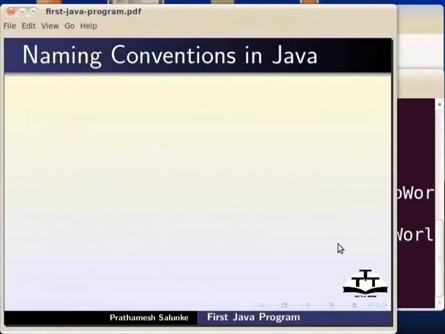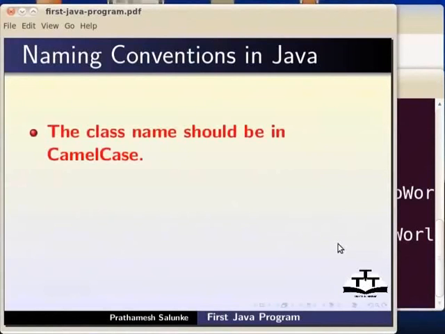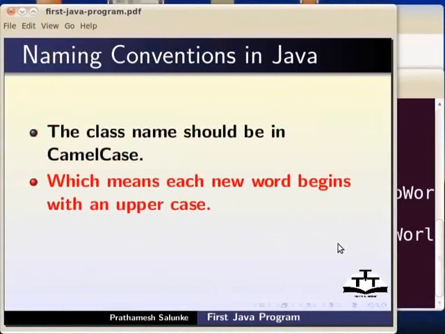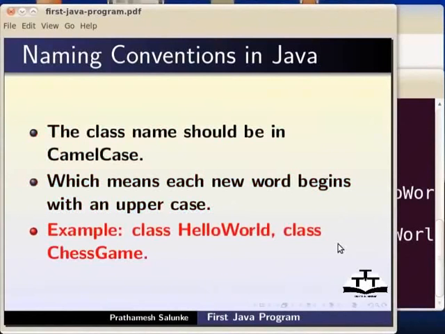We now see what are the naming conventions in Java. The class name should be in camel case, which means each new word begins with an uppercase. Example, class HelloWorld, class ChessGame. So H of Hello and W of World are in uppercase. Similarly, C and G of ChessGame respectively are in uppercase.